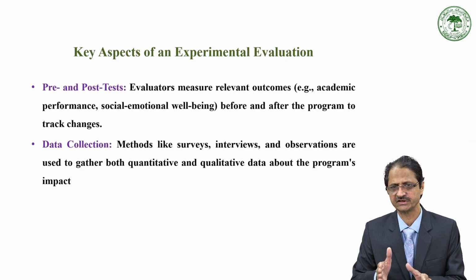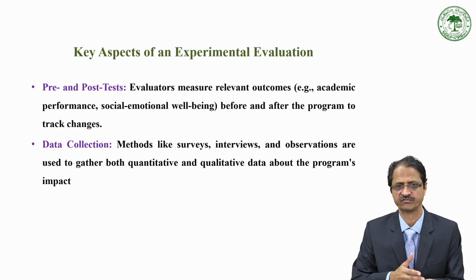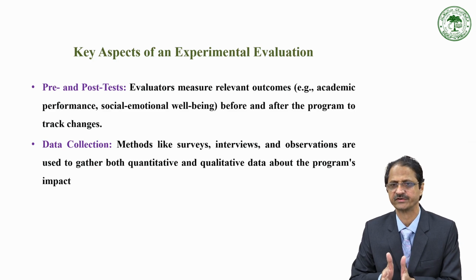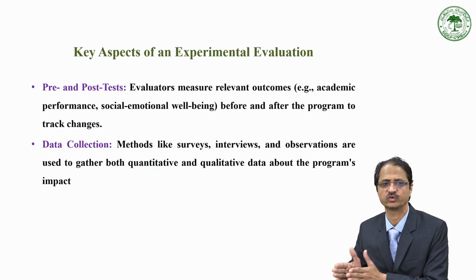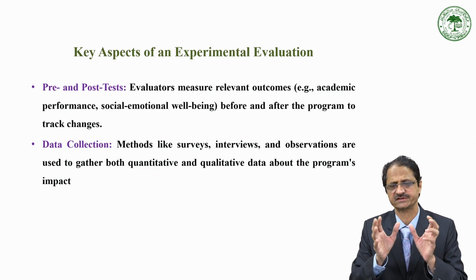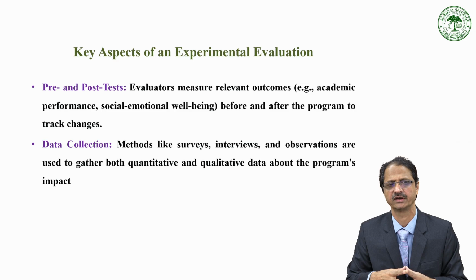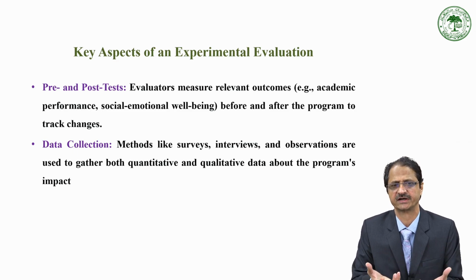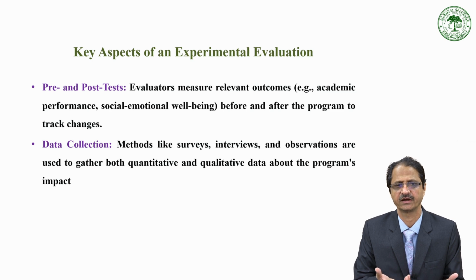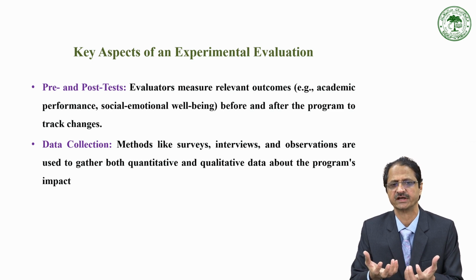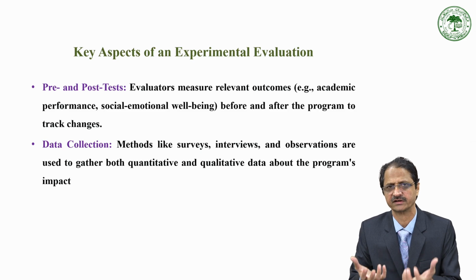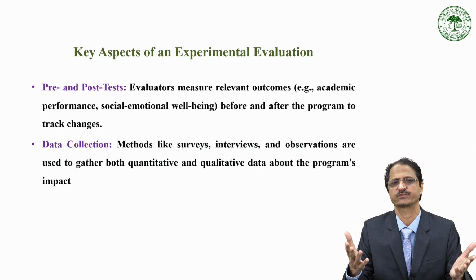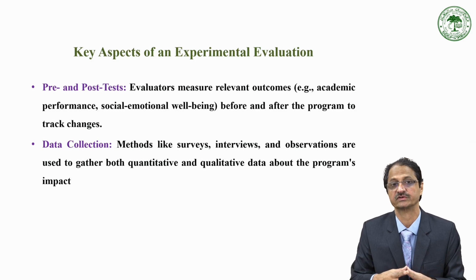Evaluators measure relevant outcomes, academic performance, social emotional well-being, before and after the program to track changes. This is also another format of the pre and post test. First of all, we are taking the test of the academic performance in the beginning and their social and emotional well-being. We are conducting the test of these two aspects, and we are exposing the student to the guidance and counseling sessions.